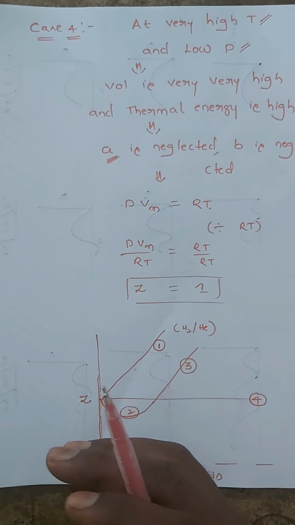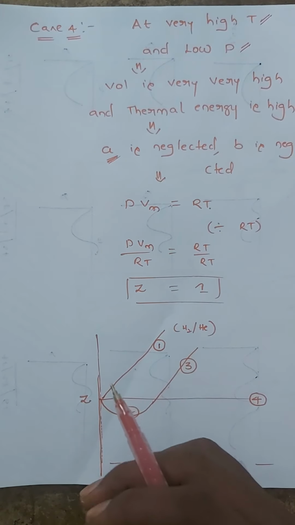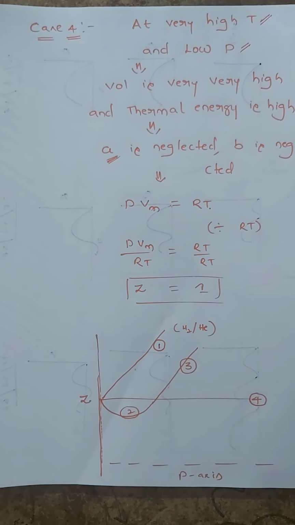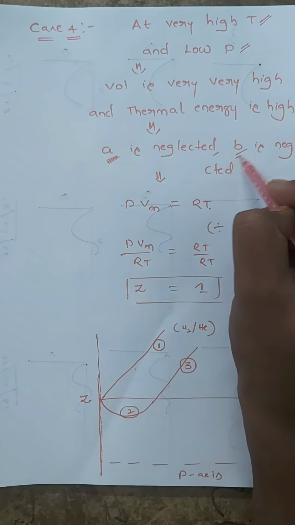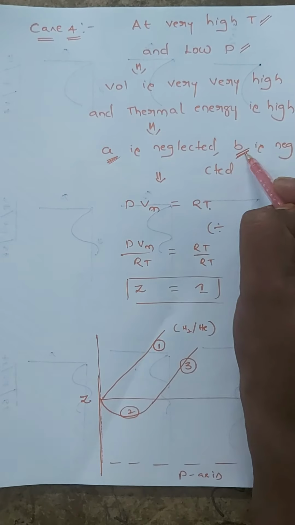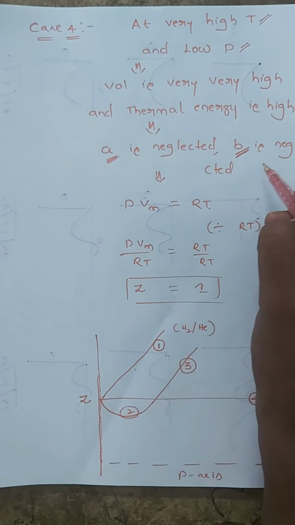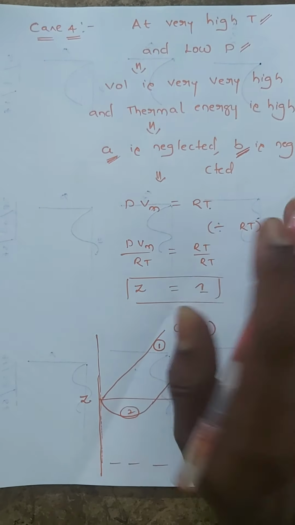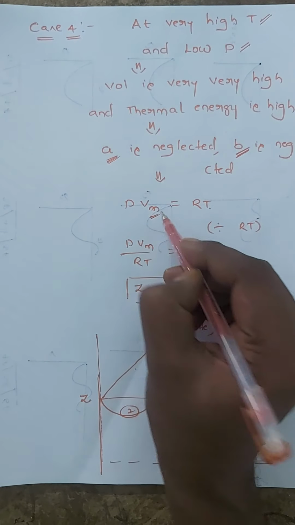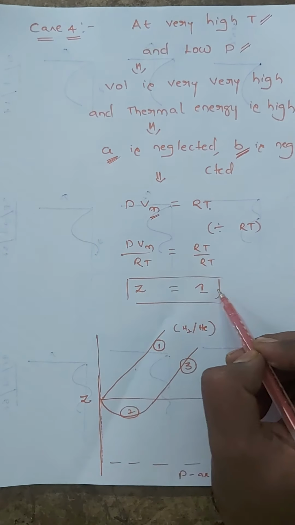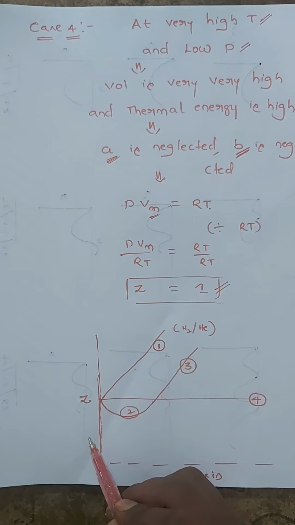Whenever temperature is too high and pressure is too low, volume is very, very high. When compared to such a high volume, b is very, very less. So we can consider Vm minus b as Vm. So on rearranging, here we got Z is equal to 1.